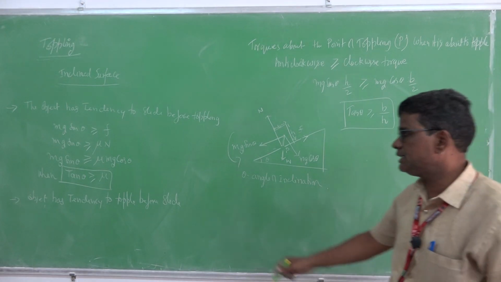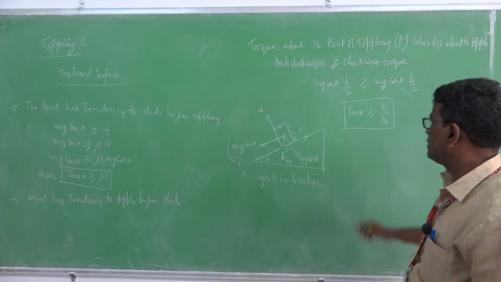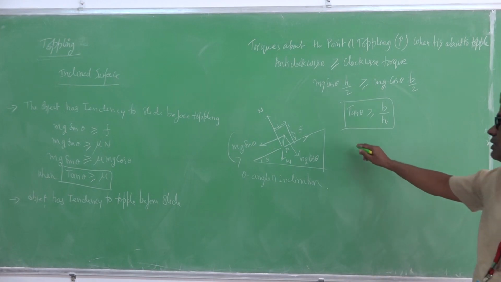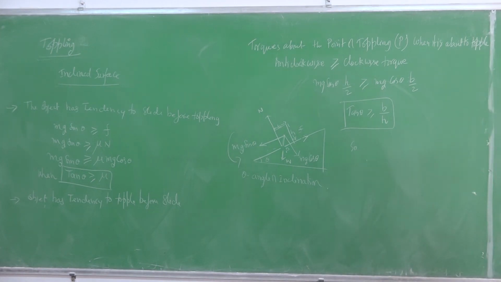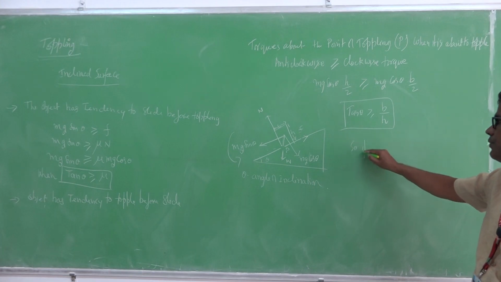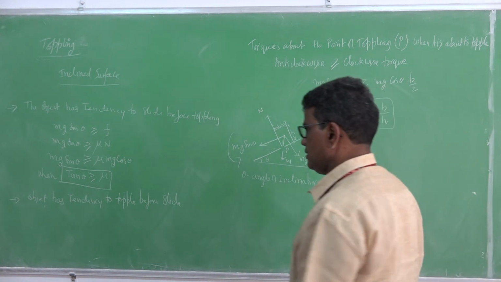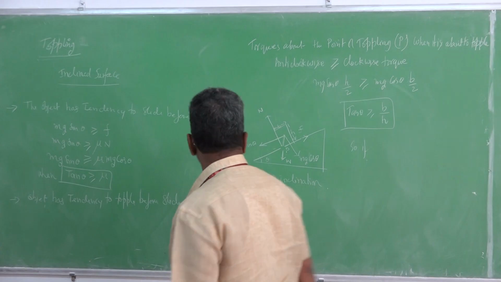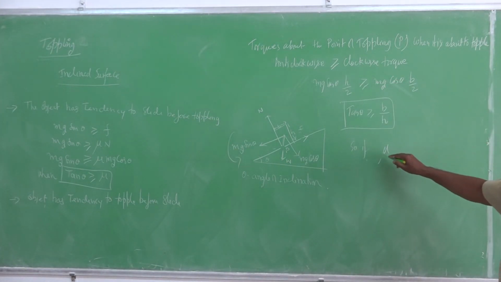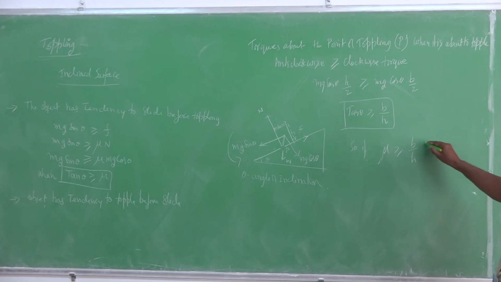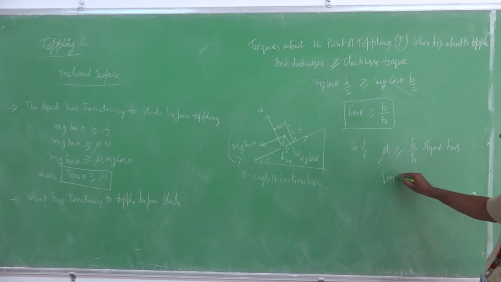The object has a tendency to topple before sliding. So we can conclude from these two points, instead of tan theta, if mu is greater than or equal to b by h, the object has a tendency to topple.